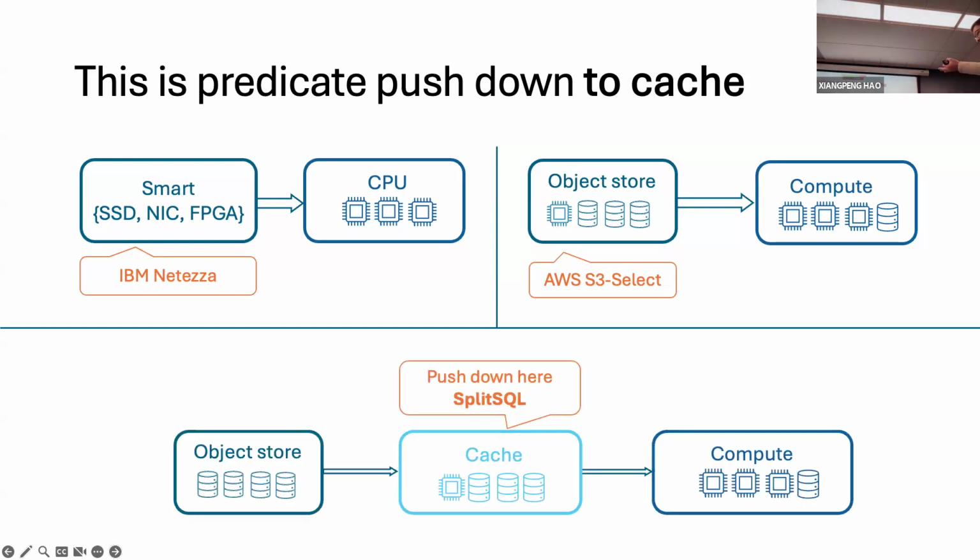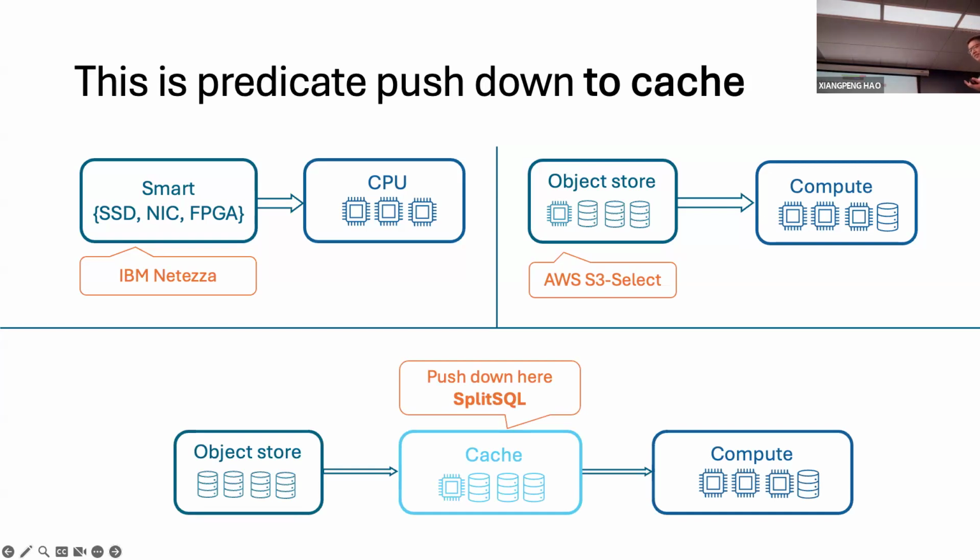And our system conceptually is not too different. Okay, so we are essentially saying in this disaggregated cache system, we want to push down the predicates to the caching server. So yeah, this is conceptually simple.